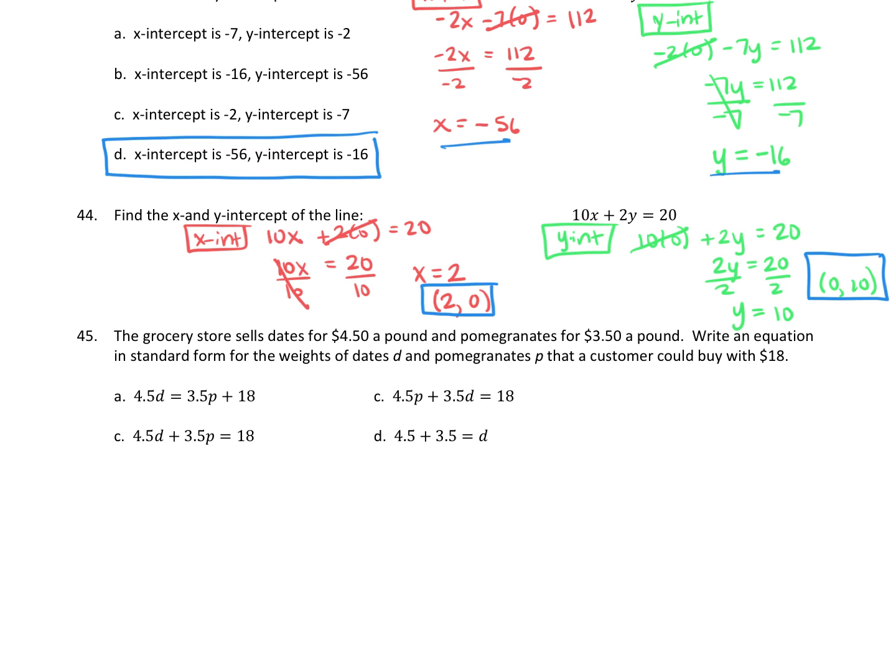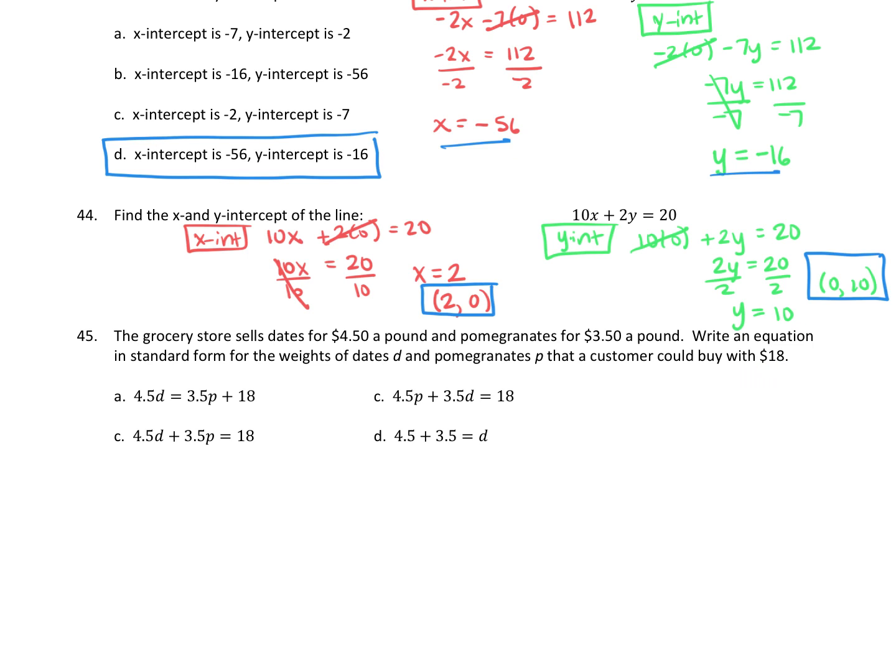All right, number 45. The grocery store sells dates for $4.50 a pound and pomegranates for $3.50 a pound. Write an equation in standard form for the weights of dates, D, and pomegranates, P, that a customer could buy with $18. Let's talk about it before we look at our options. A customer is spending $18.